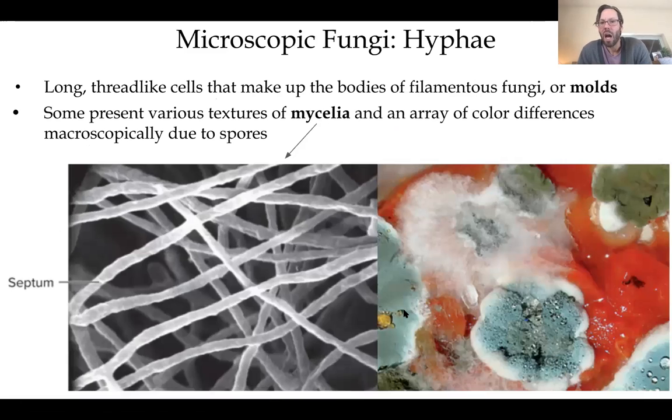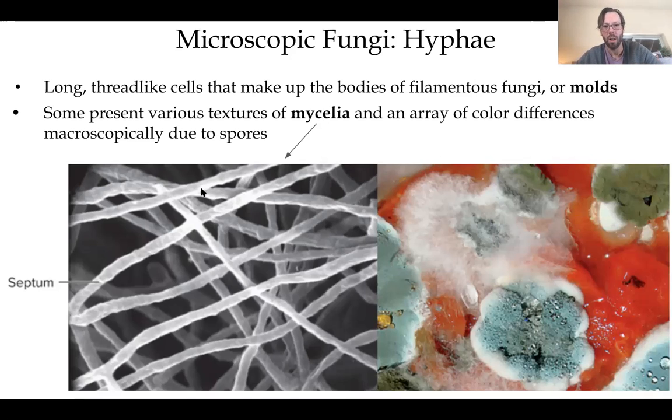Looking at microscopic fungi, what we have here is this colorful array of different fungus. And if you look at that through a microscope, what you'll see are these long filamentous structures that make up what's called mycelia, or the mycelium.